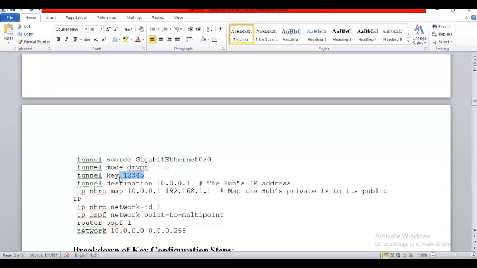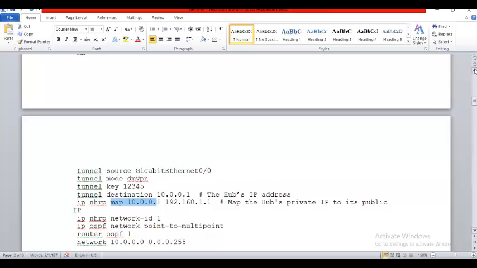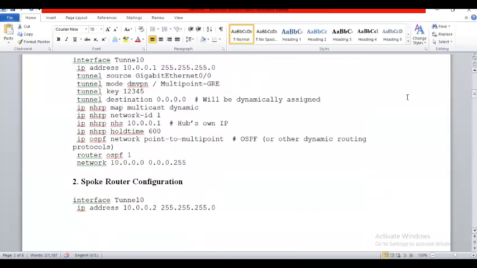Now, this is what varies. There you said IP NHRP map, you see there, dynamic. Because it's the hub, you do not know who the spokes are. So when NHRP or any routing protocol uses multicast to communicate, this will dynamically learn all the spokes' info.